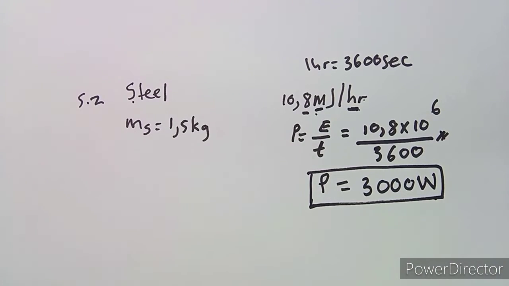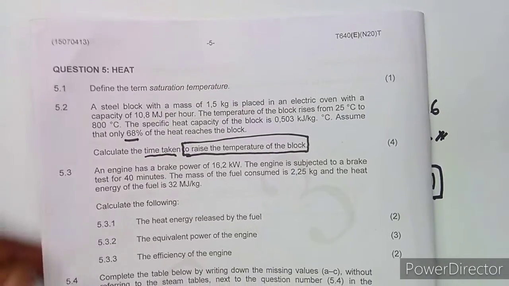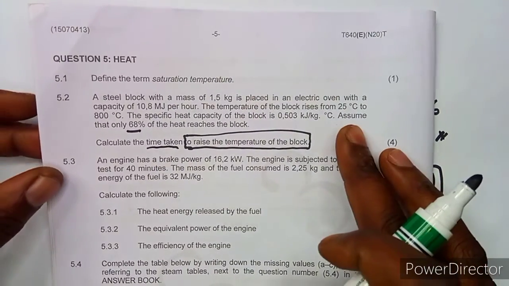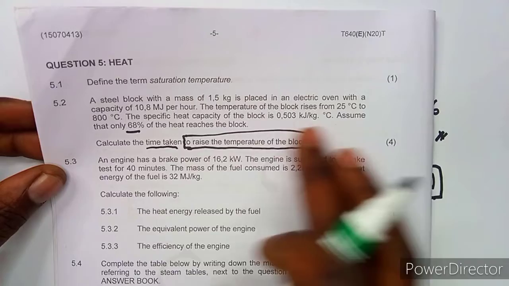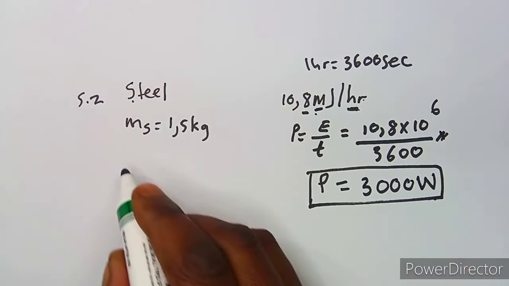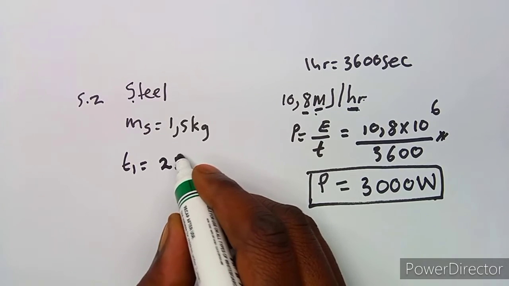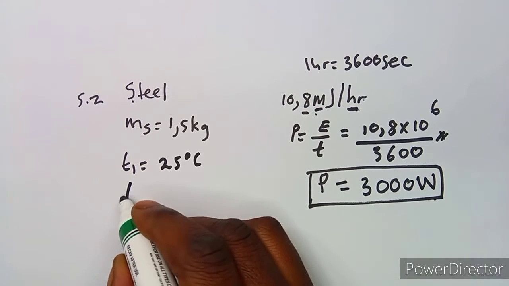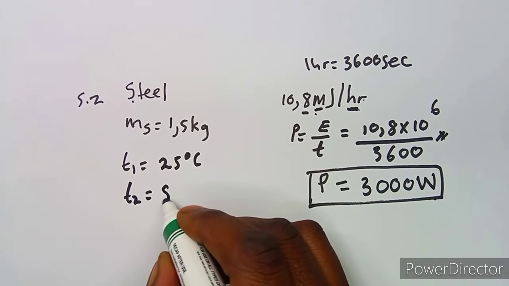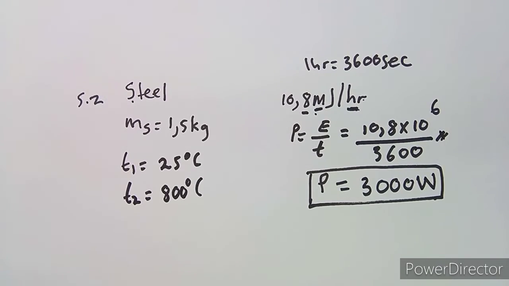Let's just list our information. The temperature of the block rises from T1 to T2, so T1 is 25 degrees Celsius and T2 is 800 degrees Celsius. This is the temperature change.